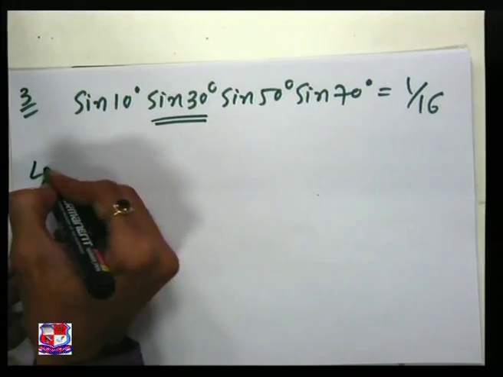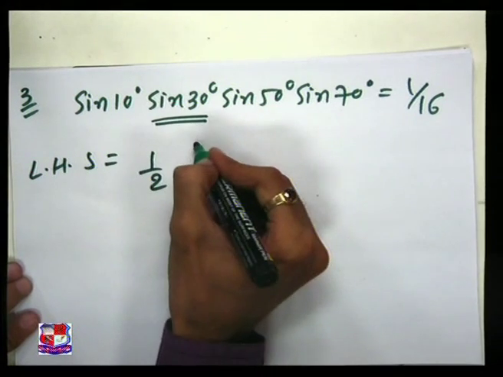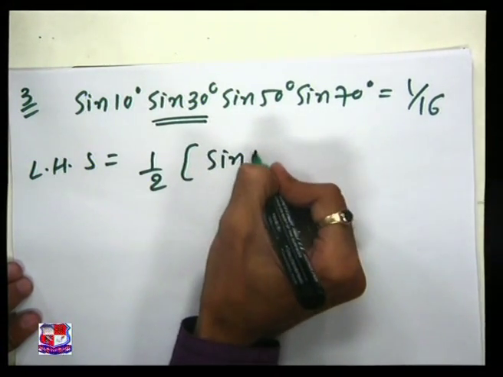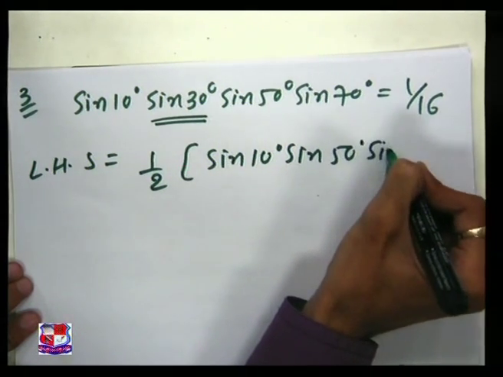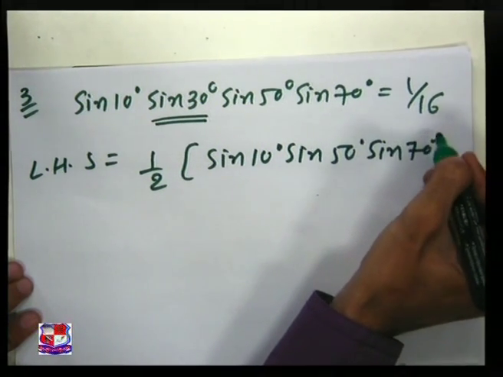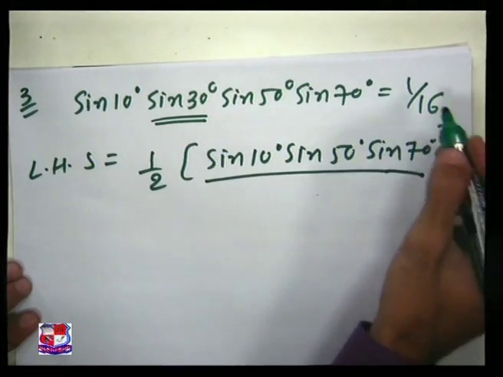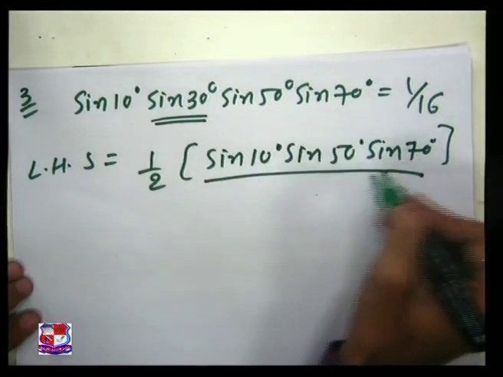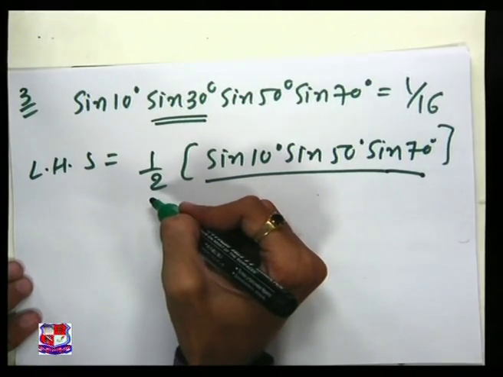First of all, for sin 30 we will put 1/2, right? So the left hand side is equal to sin 30, that is 1/2, so 1/2 into sin 10 sin 50 sin 70. So we just need to prove that this one is equal to 1/8. If I get 1/8 here, then 1/8 into 1/2 will be 1/16.